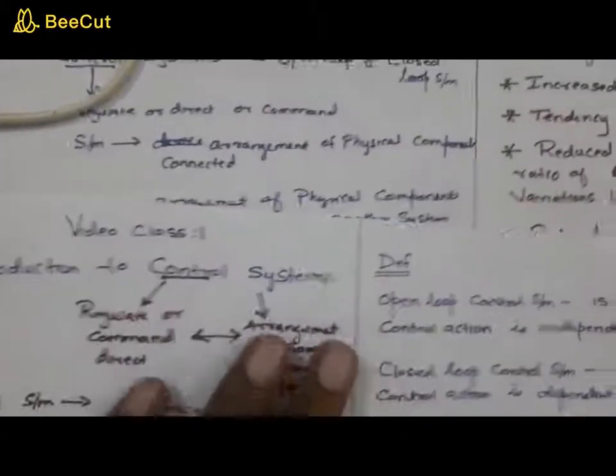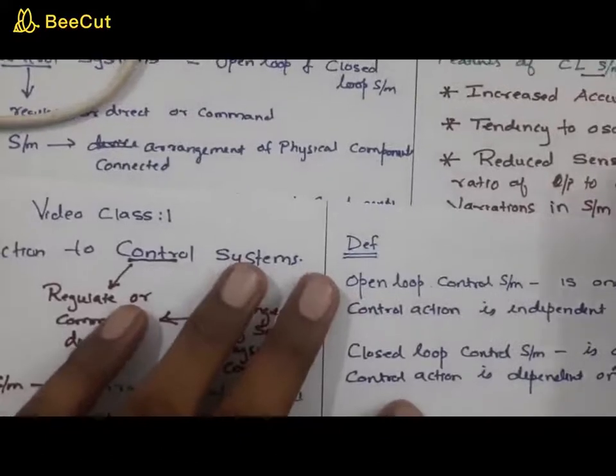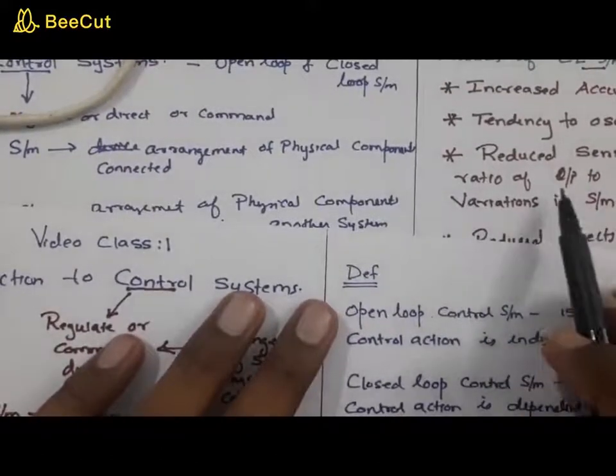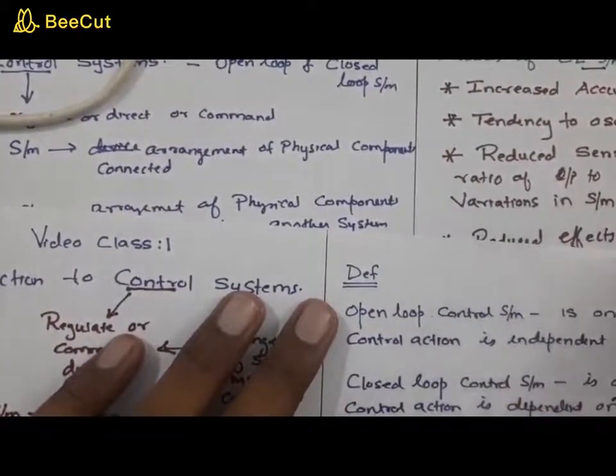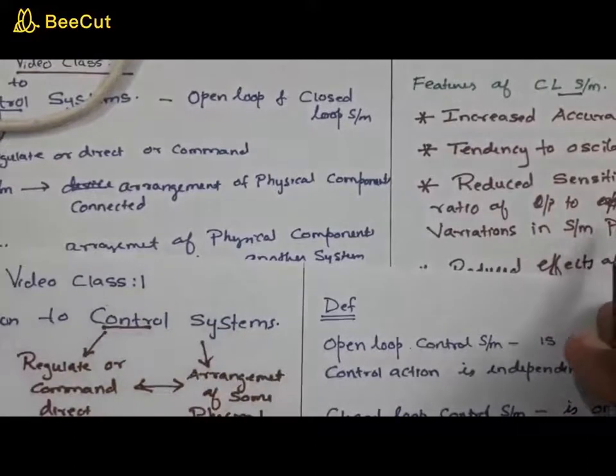Now, the third one is the reduced sensitivity of the ratio of output to input to variations in system parameters. The meaning of this statement is that sometimes the various parameters inside a system will change.